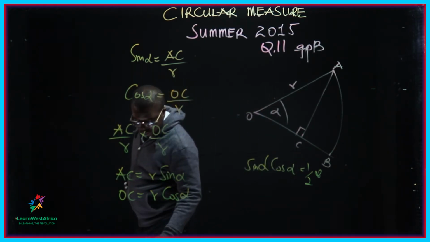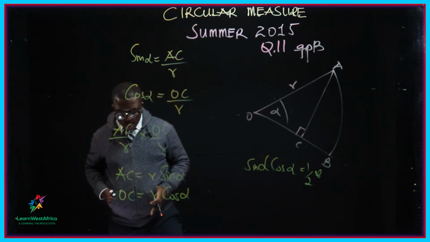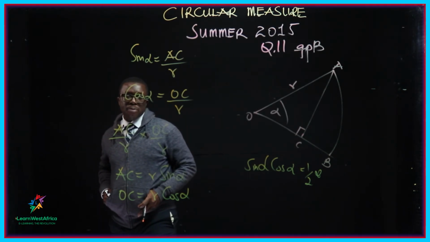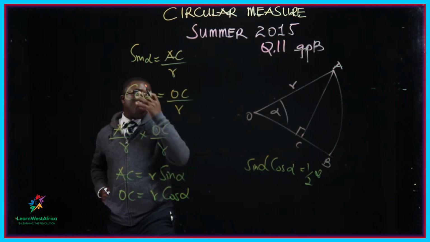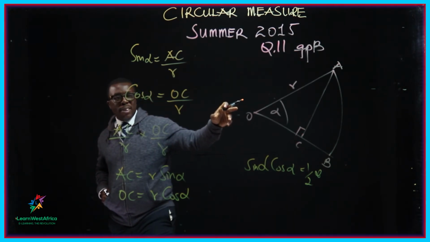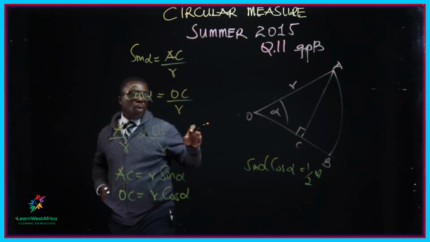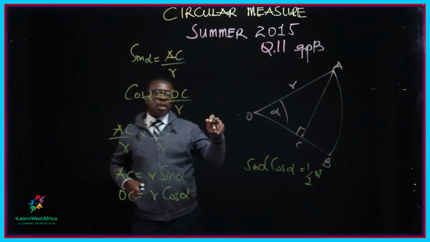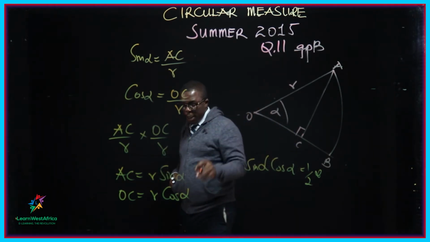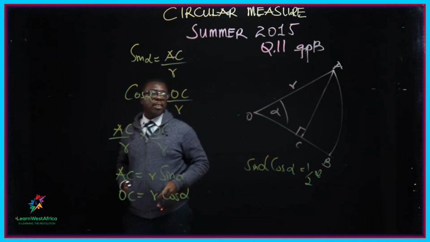Now, how do we connect AC and OC? Any idea? All right, now watch. It is important to understand that because this is a right angle triangle, we can also find an expression for its area.